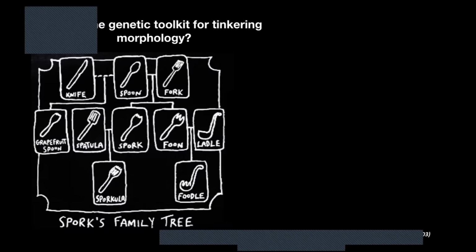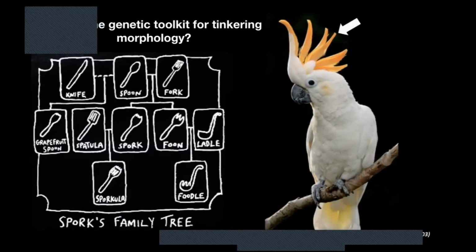If I can give you a speculative example of that, when you look at this cockatoo bird, it is speculated that the crest of this bird originated by co-option, so the recycling or redeployment of developmental information that is typical to the wing, which gives this articulation of the feathers.